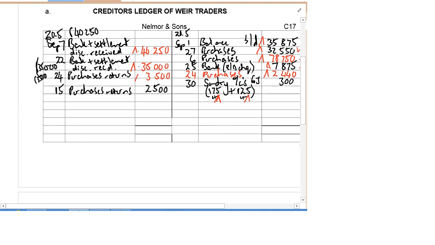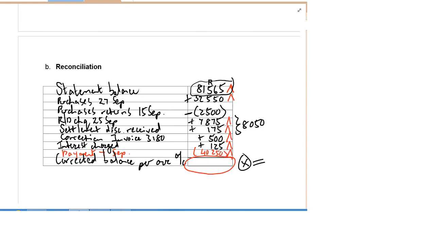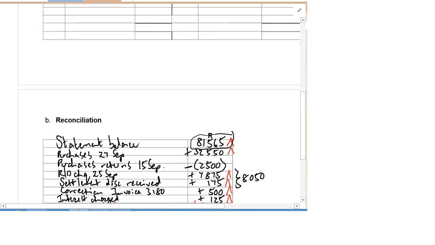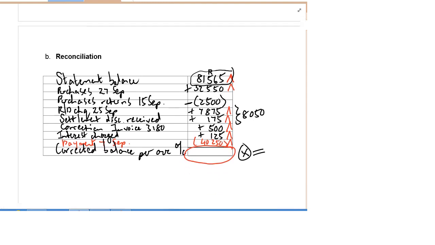The 3,500 purchases returns, that 3,500 hasn't been recorded by them either. I'm actually running out of space here a little bit. I'm going to squeeze it in over here. Sorry about that. But the purchases returns of the 3,500 on the 24th of September was recorded by us, but hasn't been recorded by the supplier on their statement.